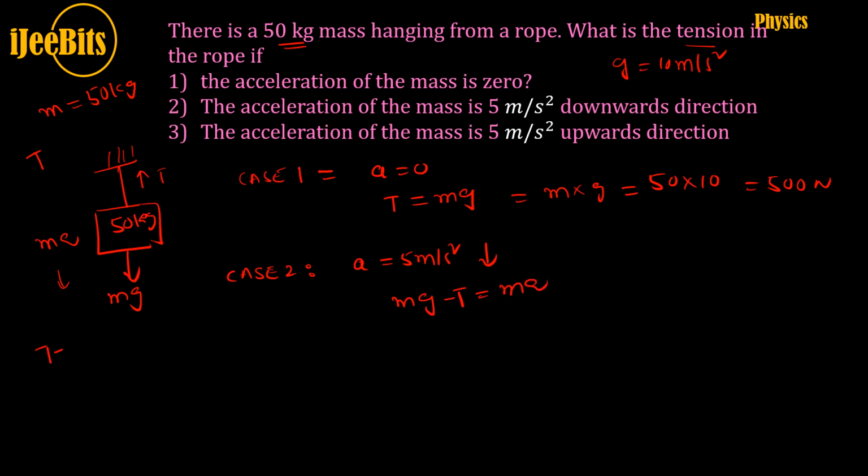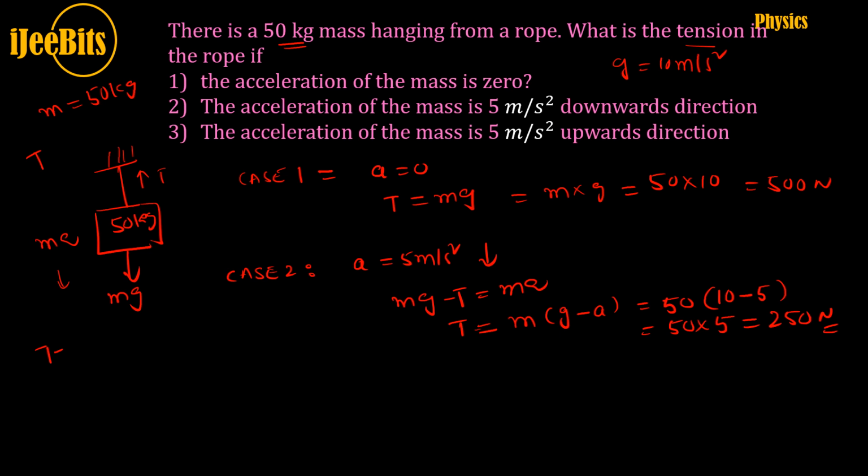So T would be how much? m into g minus a, and hence m is 50, g is 10, a is 5, so 50 times 10 minus 5, that is 5, right? So 250 newtons. You see the difference?